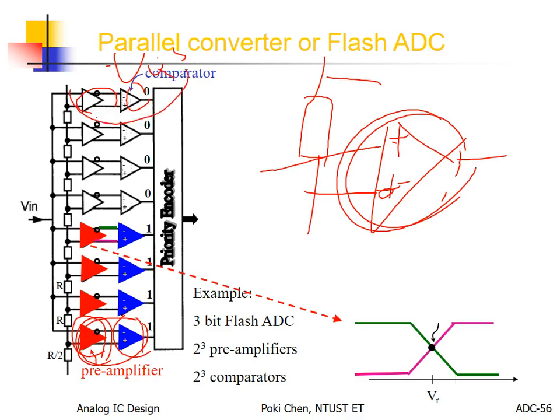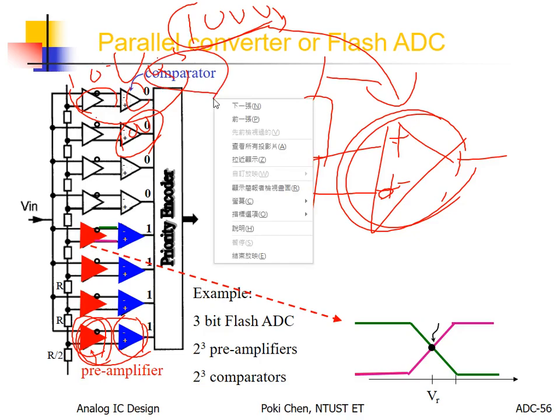Much higher gain usually means you need to sacrifice all the others: the input offset voltage, stability, everything. So, for example, if you need a gain of 1,000, maybe we have 10 for the preamplifier and 100 for the final comparator. In this way, we can achieve the same gain, but we can reduce the impact of VOS, the comparator input offset voltage. Why?